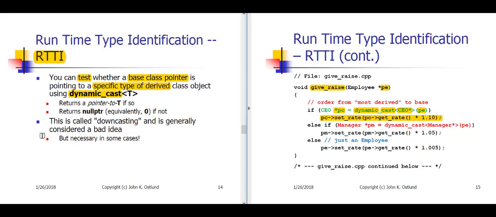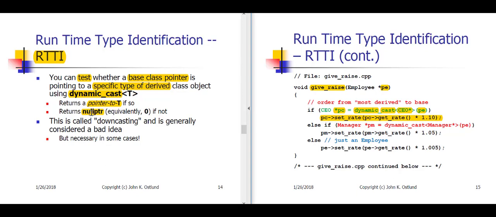Okay, so to skip back to slide 14 for just a moment, if a base class pointer really is pointing at a derived type object specified as your dynamic_cast type, then you will get back a pointer to T. Otherwise, you'll get back a null pointer or 0, which will test as false.